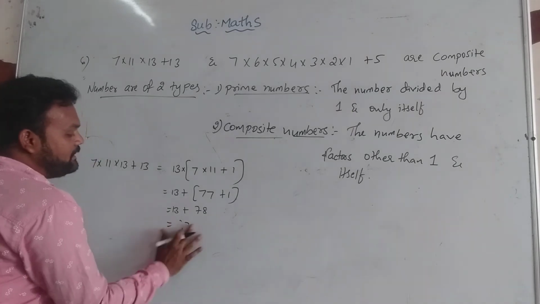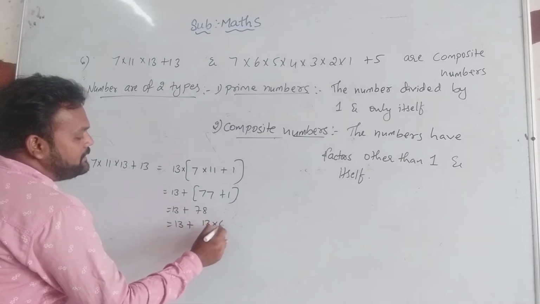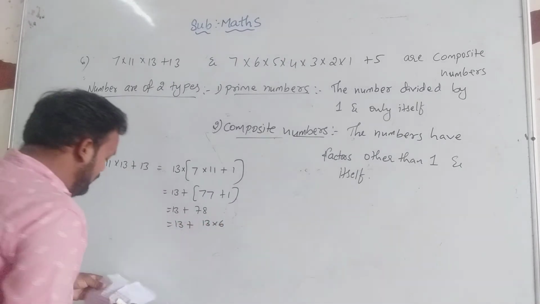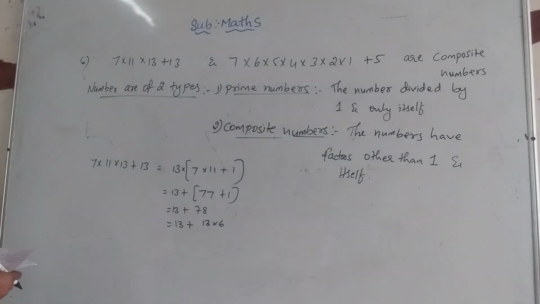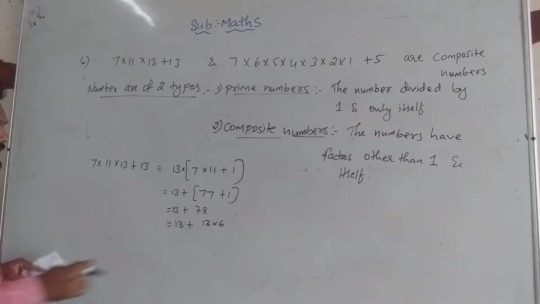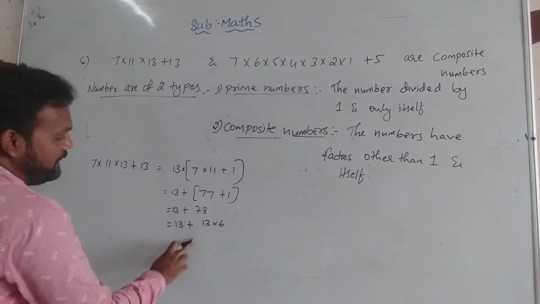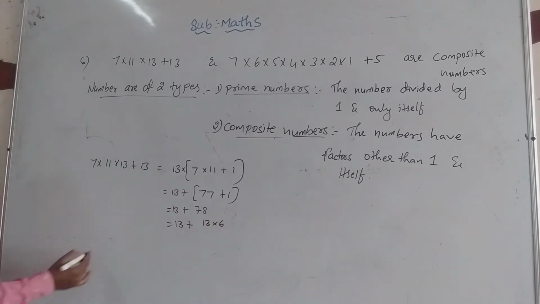Otherwise, you can write it like this also: 13 into 6. Now the given expression has 6 and 13 as factors.